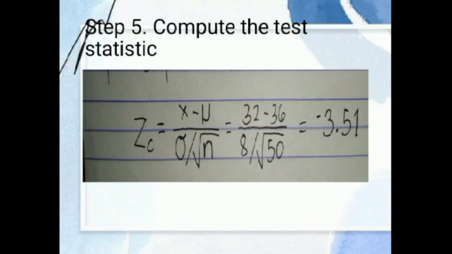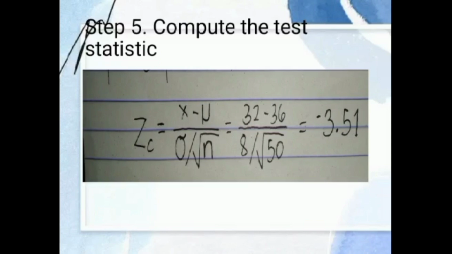Our X is 32 months and our claim is 36 months, divided by the standard deviation of 8 months over the square root of our sample size of 50. The square root of 50 is 7.07. Then 8 divided by 7.07 is equal to 1.14.